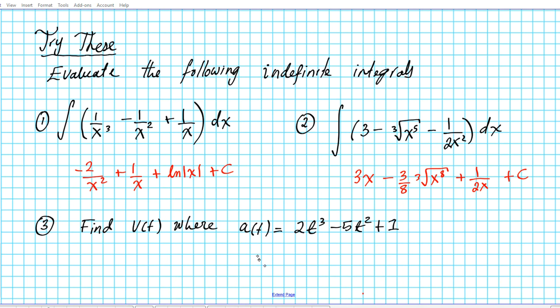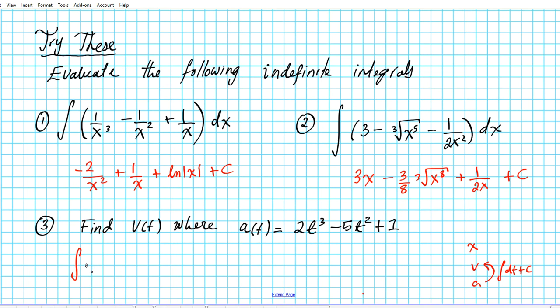And then for the last one, you just have to remember CEVA, okay? You have to remember that if you're going down, you differentiate, and if you're going up, you integrate. So if you're going from acceleration to velocity, what you do is you're going to integrate and add your constants, all right? So what this question is basically asking you is what is the indefinite integral of this acceleration function.